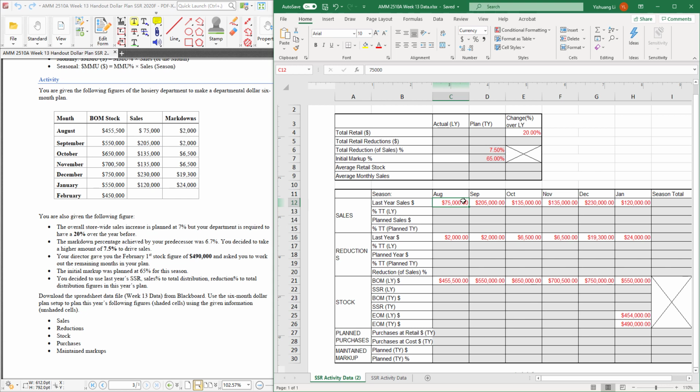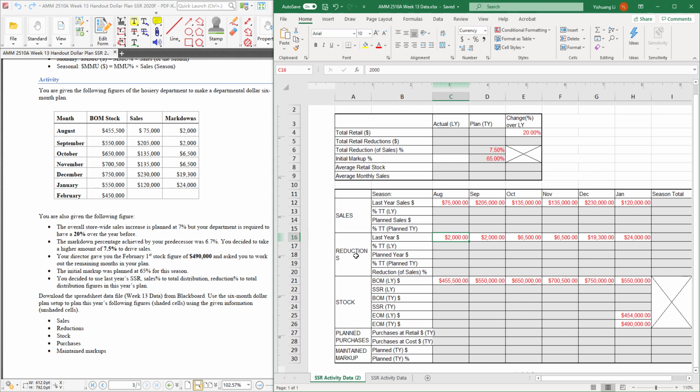Okay, the very top row is usually last year's sales in dollars. And for markdowns, make sure we are completing last year's dollar numbers. It is usually located at the top of this reduction section.